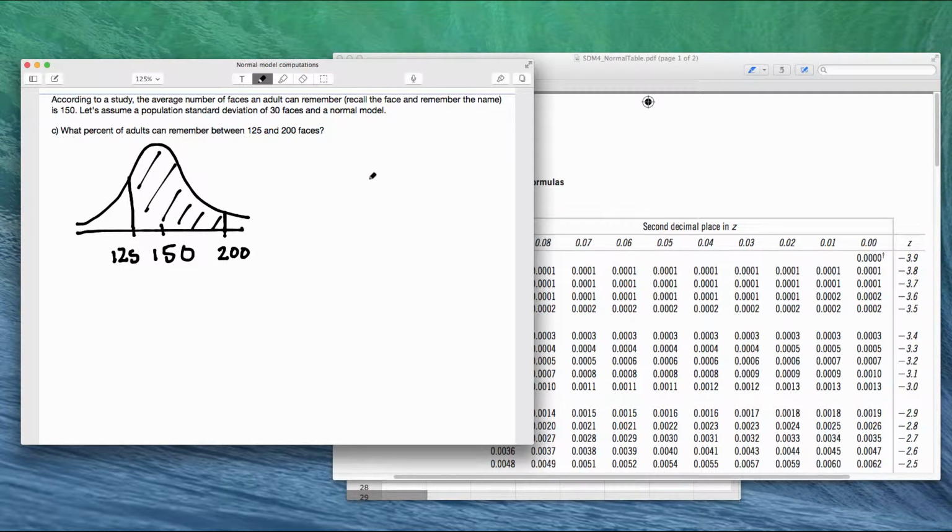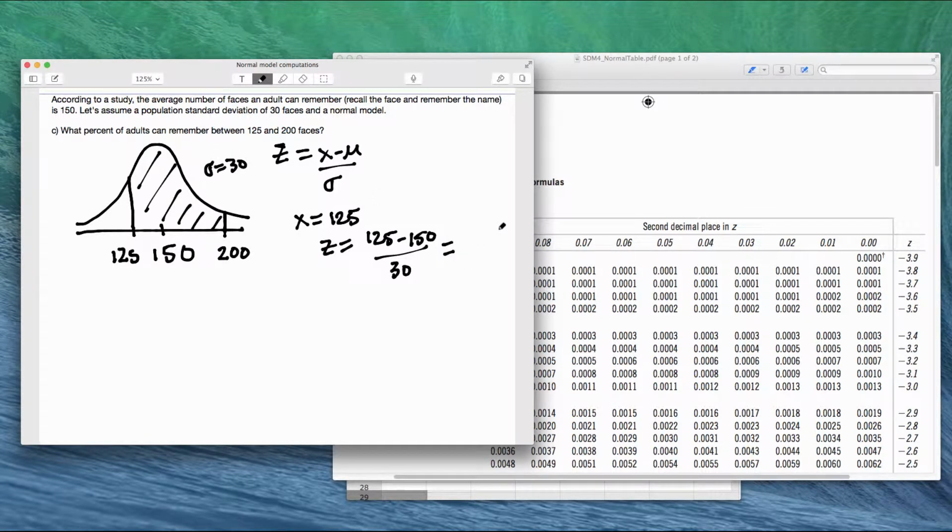Because there's two cutoff points, now we need to find two z-scores. So we need to do the z calculation of x minus mu divided by sigma for both 125 and 200. So when x equals 125, we get z equal to 125 minus the mean of 150 divided by the standard deviation of 30.